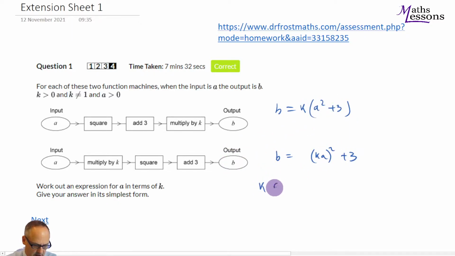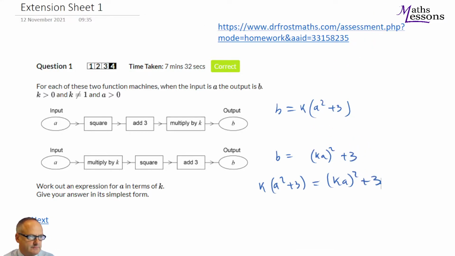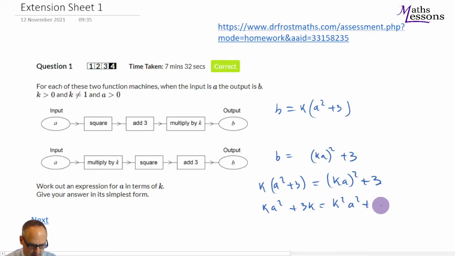So we've got k(a squared plus 3) will equal (ka) squared plus 3. And multiply out these brackets, we get ka squared plus 3k will equal k squared a squared plus 3. We want to get all the a's onto the same side because we want to get a in terms of k.